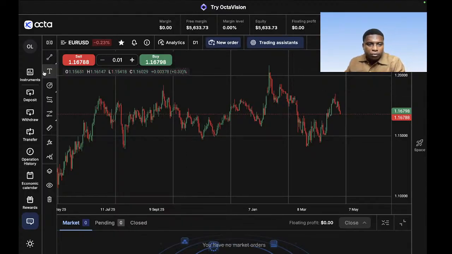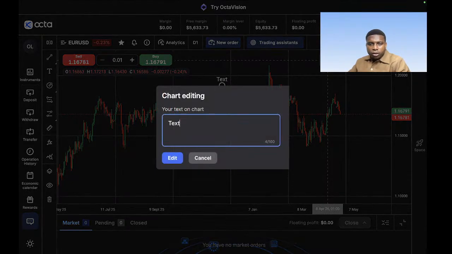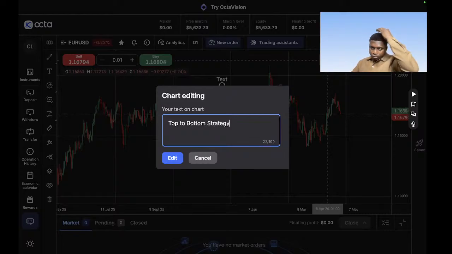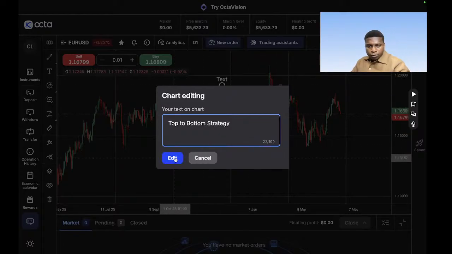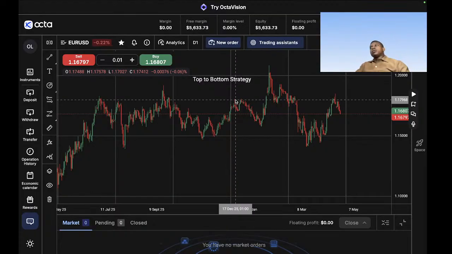For those of us who are just joining, let me help you with what we are talking about today. We are doing a top to bottom strategy, looking at Euro USD from the higher time frame to the lower time frames.